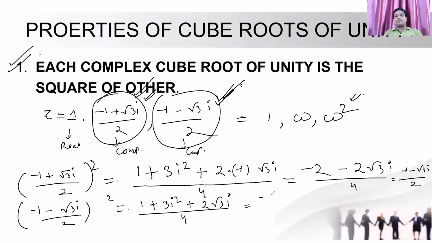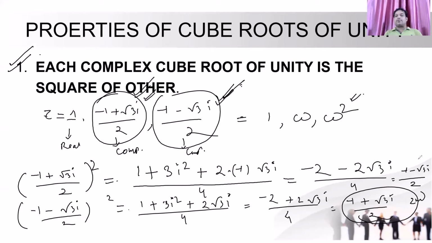So 1 minus 3 is minus 2, plus 2 root 3i by 4. The 2 cancels out: minus 1 plus root 3i by 2. So this one is the second value and this one is the third value.